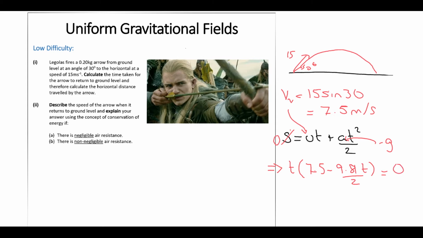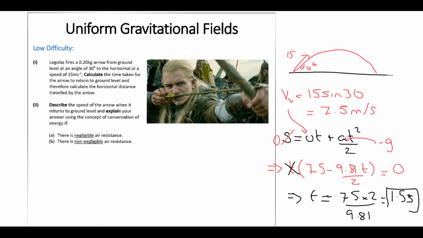So we know one solution is T equals 0, but we don't really want that solution, so let's get rid of that. Then the expression in the brackets would need to be 0. So essentially T is going to be 7.5 times 2 divided by 9.81, and when we calculate that, we get a value of 1.5 seconds as the flight time of the arrow.